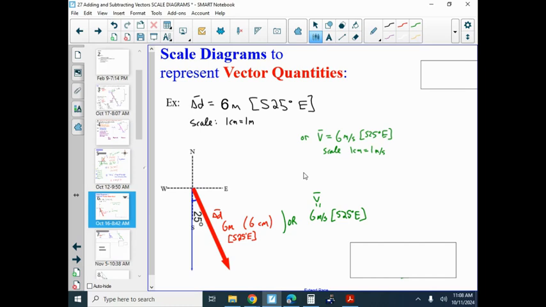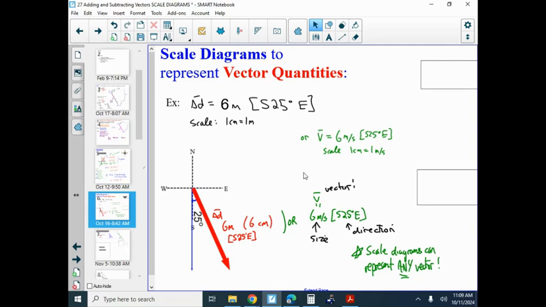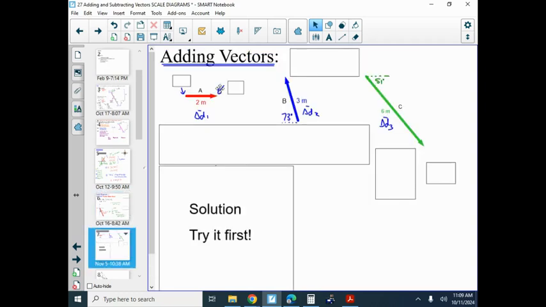It's a vector because we've got the size and we've got the direction. Again, scale diagrams can represent any kind of vector. In this case, we're looking at displacement and velocity. There's going to be lots more as well. There's going to be force, there's going to be lots of things later on.